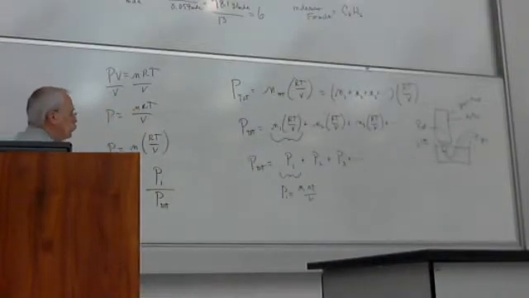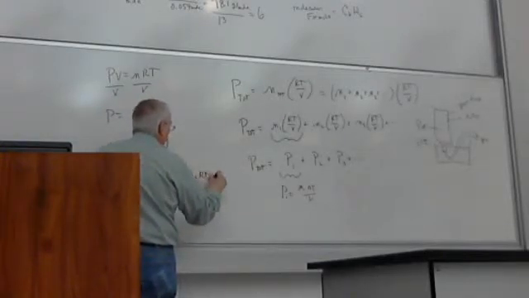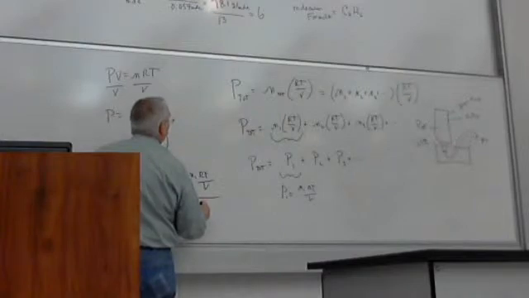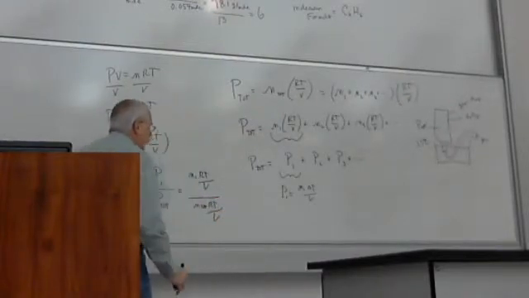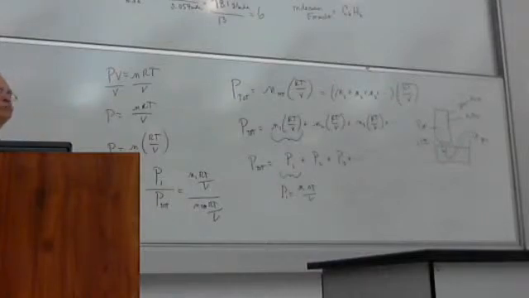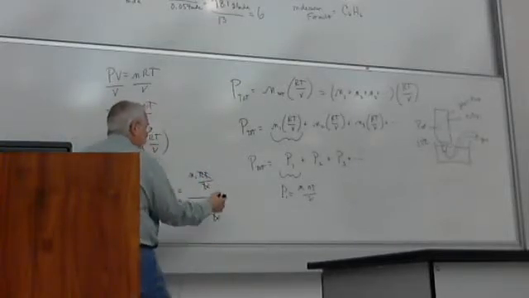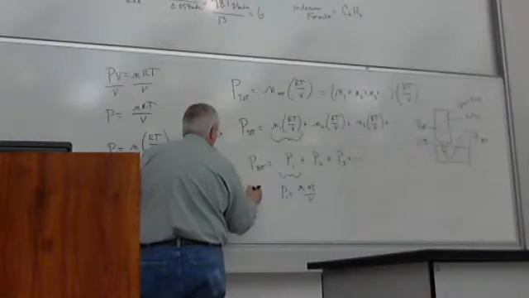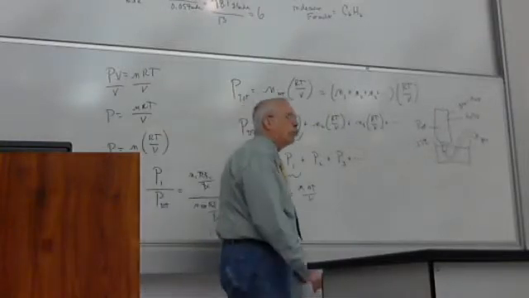Well, let's just make the substitution. This would be equal to N1 times RT over V, and this would be equal to N total times RT over V. But at constant volume, constant temperature, and R, known as the gas constant, all these values are constant, so the R's and the T's cancel, the V's cancel, and so I'm left with the moles of gas 1 over the total number of moles.